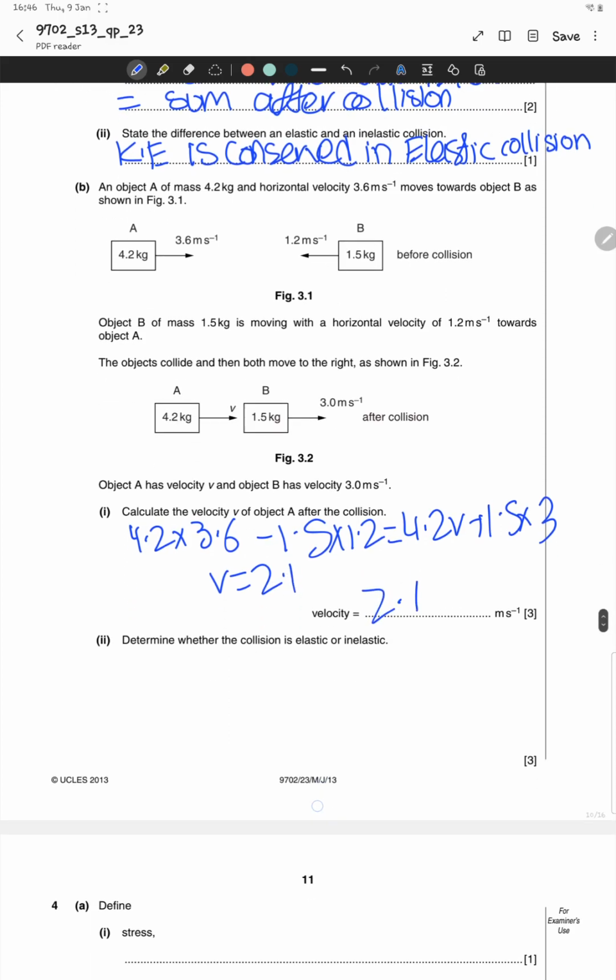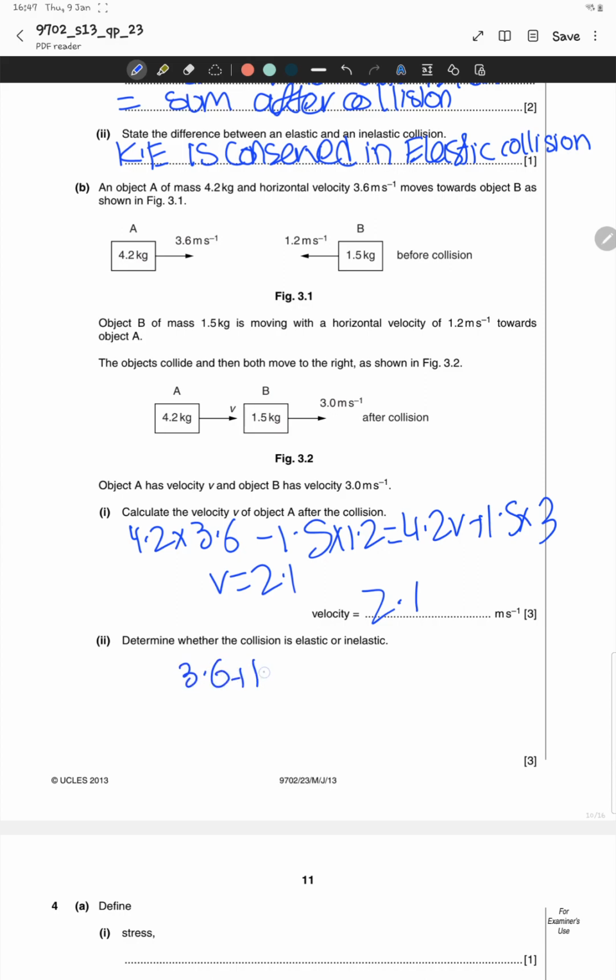Okay. Determine whether the collision is elastic or inelastic. Now you could do this two ways. You could do this by checking speed of approach and speed of separation. Or you could check the kinetic energy before and kinetic energy after, but that's the longer way. You can just do it like this.